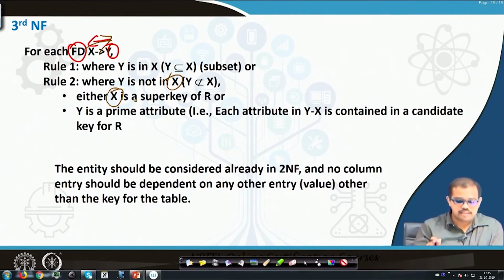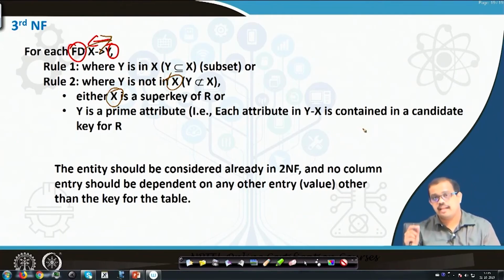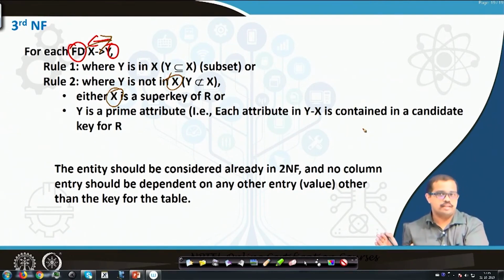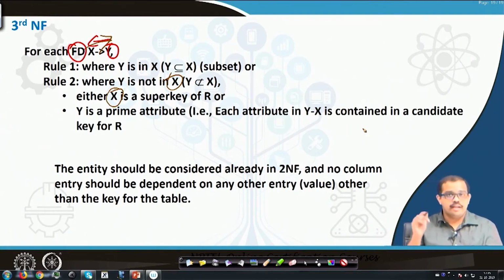So, if your R is considered to be the major set, and x is a super key of R, then y is a prime attribute, which means y dependent on x is contained in the candidate key. When I say candidate key, every attribute information can be a candidate key. Okay. So, y that belongs to x is contained in the candidate key for R.